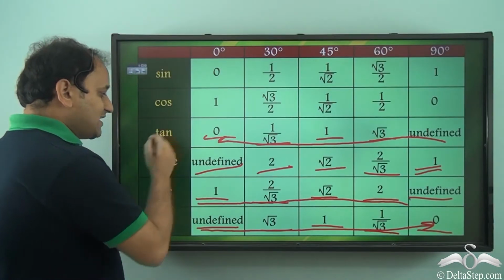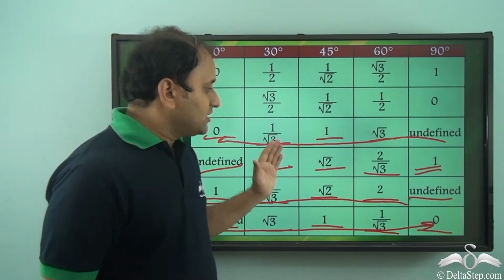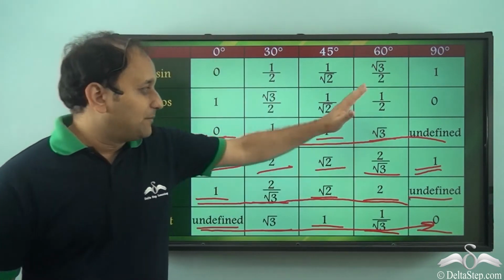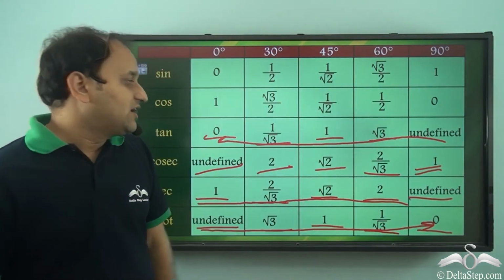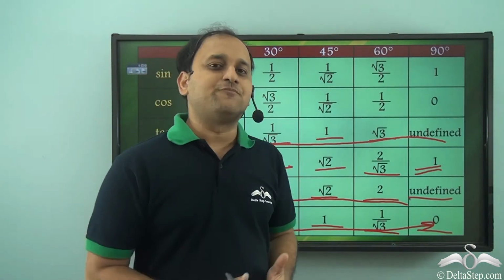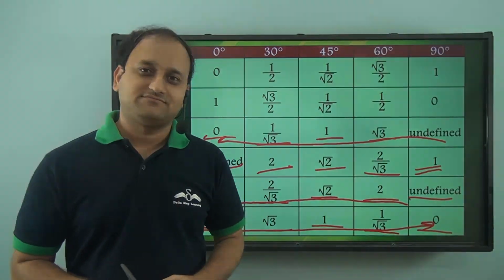So sec is cosec in reverse order. So you can use all these tricks to complete the table, and once you have this table in front of you, then you can easily solve many problems related to trigonometric ratios.